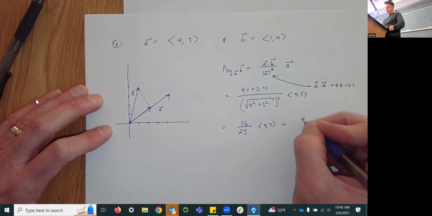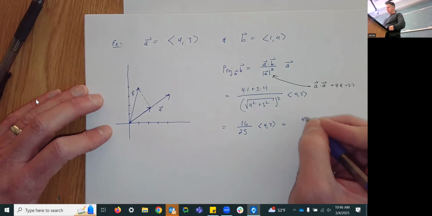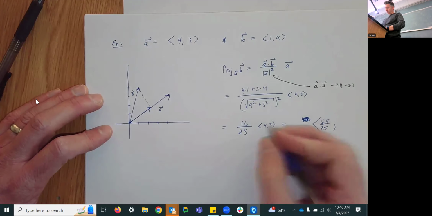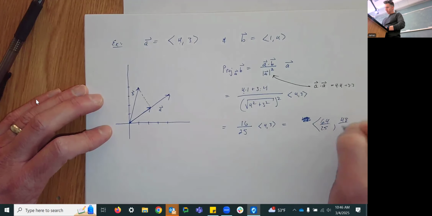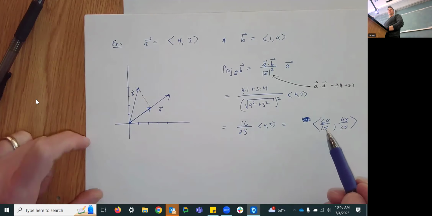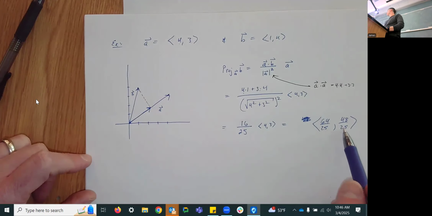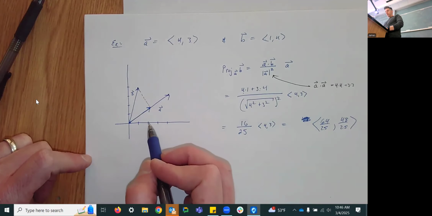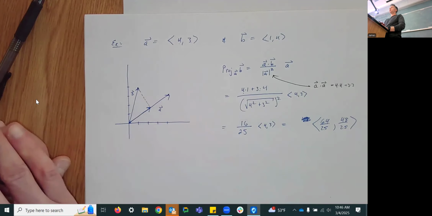Sorry, my brain is not working super hot today. 4 times 16 is 64 over 25, comma, 3 times 16 is 48 over 25. So it looks like we've gone over about 2.5 and up about 2. That seems reasonable. Consider our picture. It looks like we got over a little more than 2, up almost 2. Yeah, not bad.